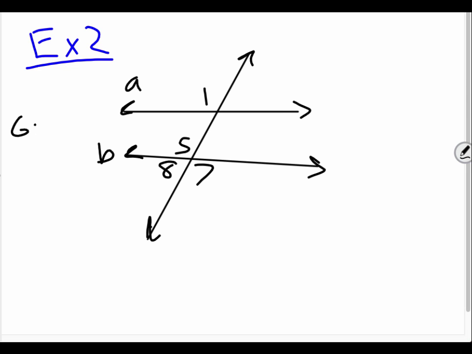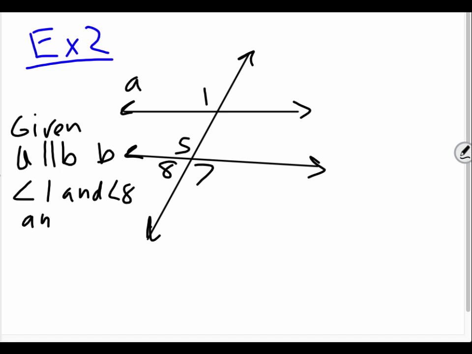And it says given our line A is parallel to B, prove that angle 1 and angle 8 are supplementary.